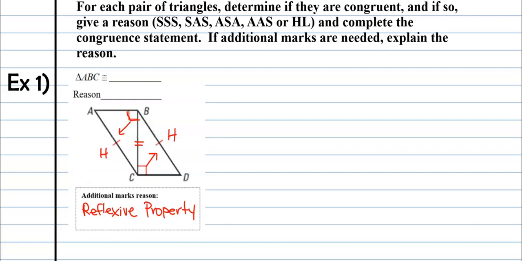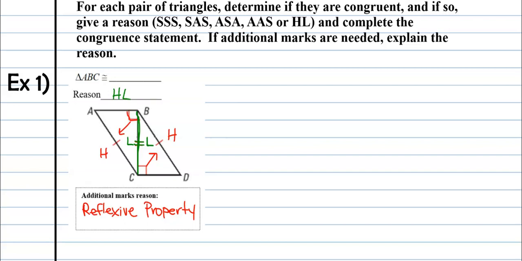The other thing that we should check then is, do these right triangles have a leg in common? And absolutely they do. This side right here is a leg for both of our right triangles, and it's marked with 2 marks. So it's a leg on the left triangle, it's a leg on the right triangle. Okay, so yes, these triangles are congruent. The reason is hypotenuse leg, or HL for short.